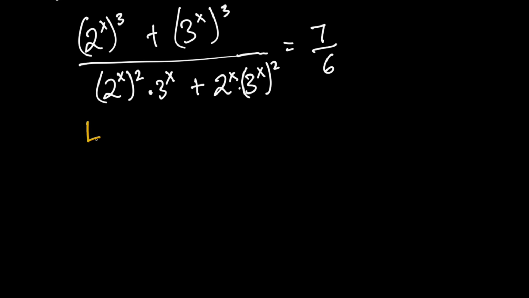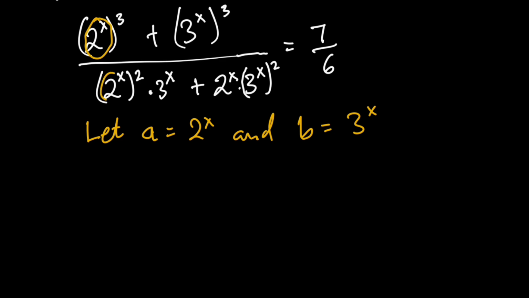So I'm going to say let a be equal to 2 to the power x, and then b be equal to 3 to the power x. So that means wherever I see 2 to the power x, I'm going to put a. Yeah, so let's go.